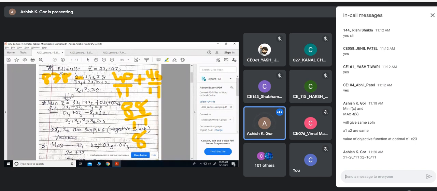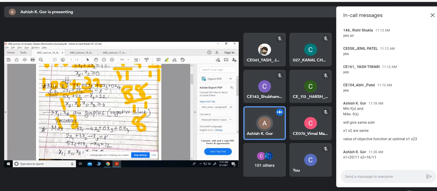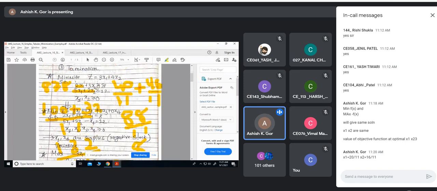Same way, you can also put the values here, 5x1 plus 2x2. So 5 into 20, which is 100 by 11, plus 2 into 16, 32 by 11. So 100 plus 32 by 11, so 132 by 11, exactly equal to 12.